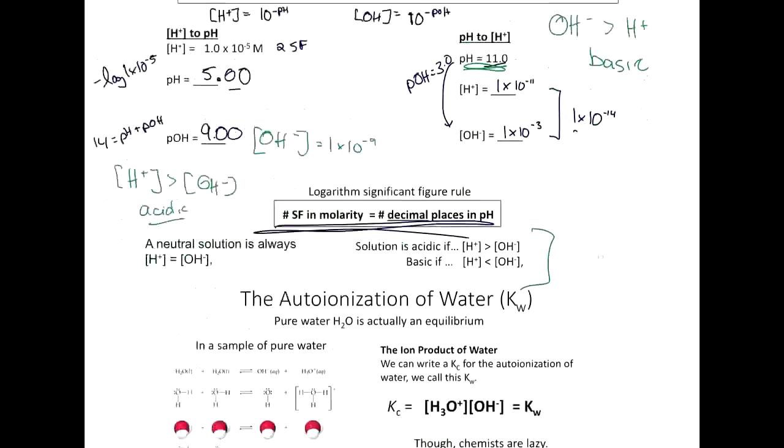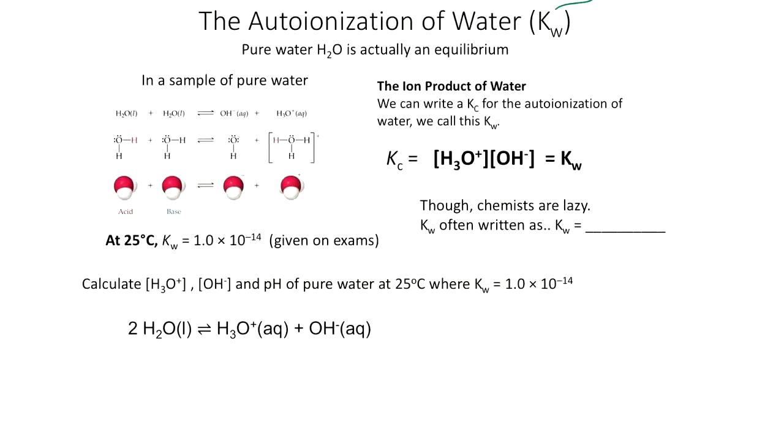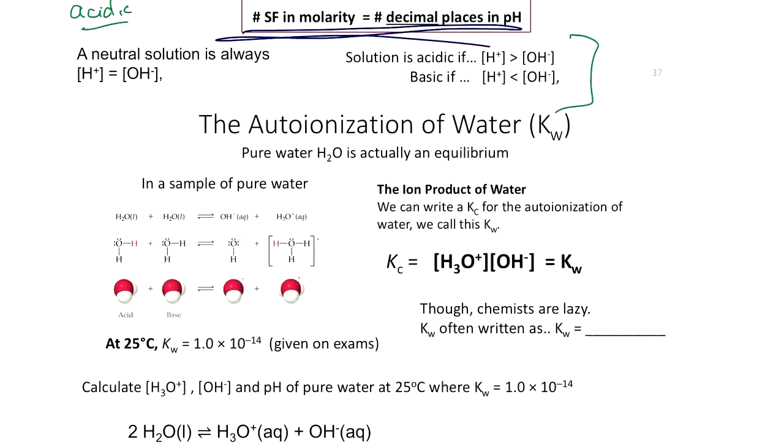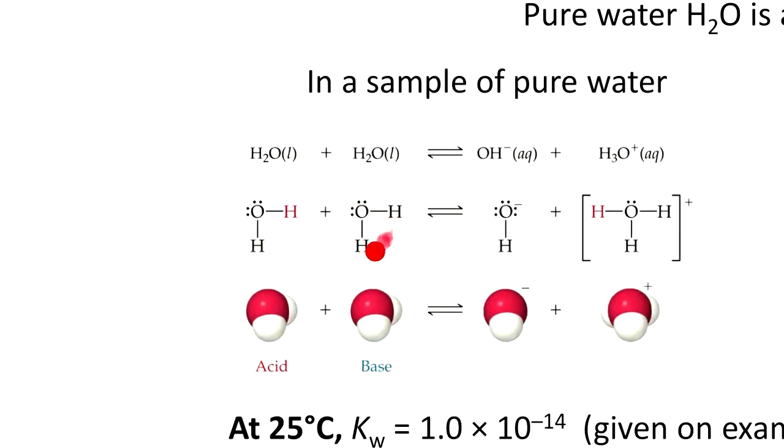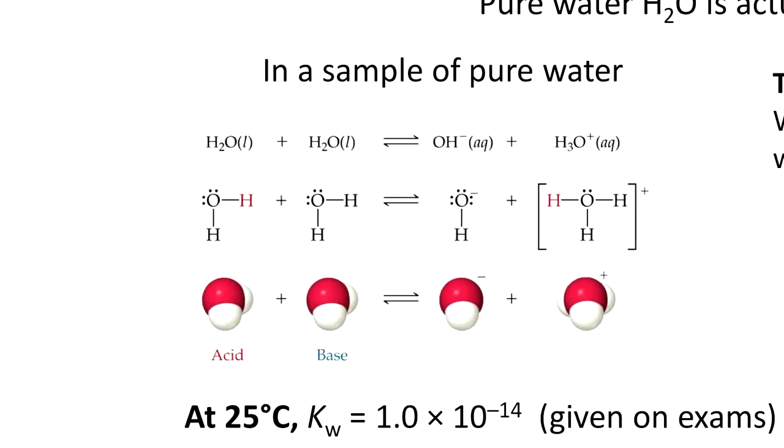All right, so let's talk about the autoionization of water, why I've been lying to you all this time. You weren't ready for this, but now you're ready. Water actually self-ionizes. It's not a 100% pure substance where it's just like H2O copied a million times. Water actually ionizes with itself. And so how it does that is a water molecule will get close to another water molecule where one of the water molecules will steal a hydrogen from the other water molecule, leaving the lone pairs on that first water molecule.